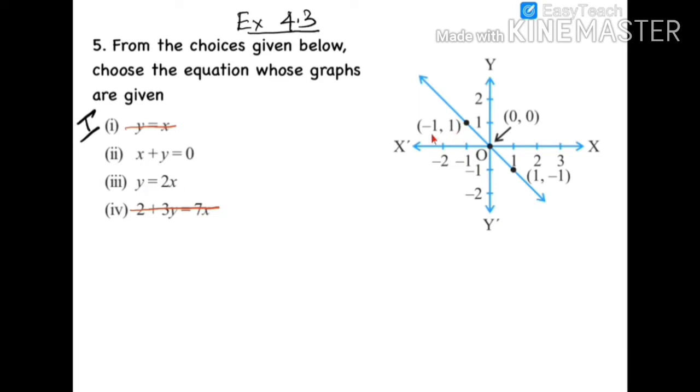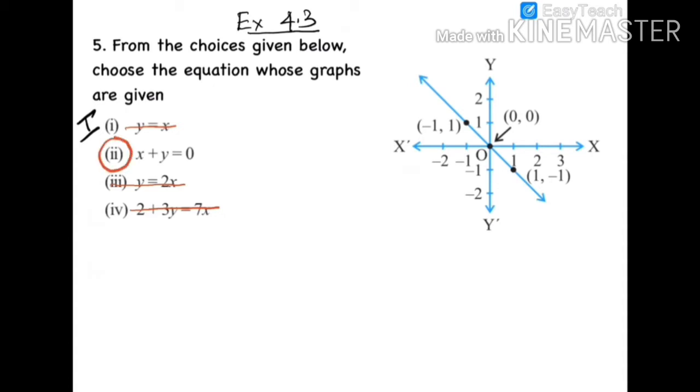Let's take the same point. The x coordinate is minus 1, so if I substitute here, 2 into minus 1 is minus 2, so value of y is minus 2. But here the corresponding value of y is 1. Hence, even this equation will not be correct. Therefore, equation 2 is the correct equation.